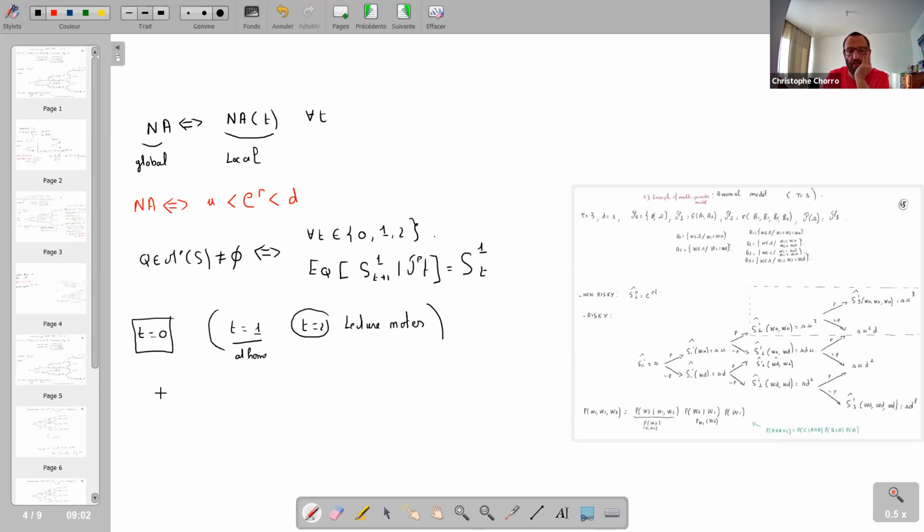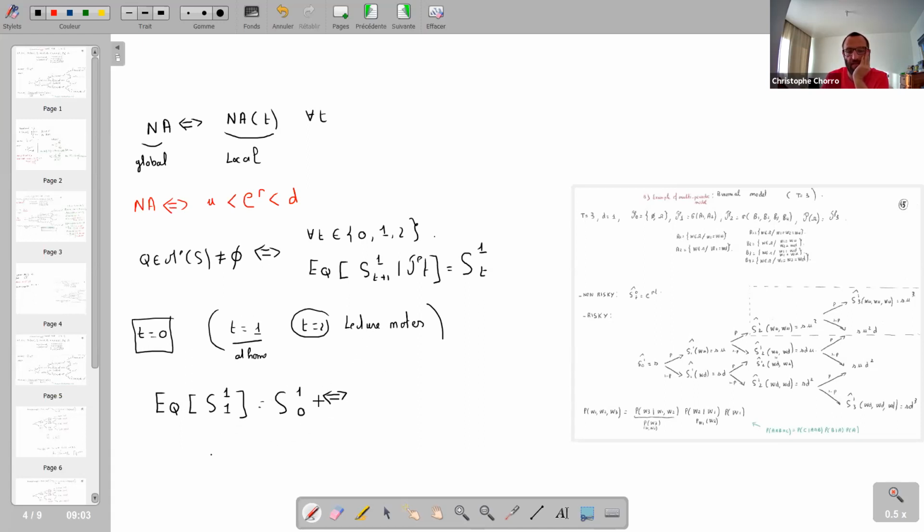So for t equal to 0, my condition is just that the expectation under Q of S^1_1 is equal to S^1_0. It is very easy to solve this condition, because we are exactly in what we have done for the classical binomial model.